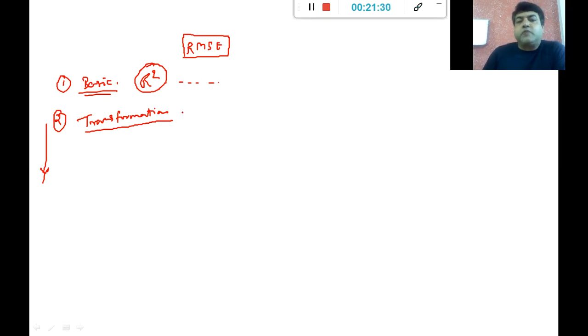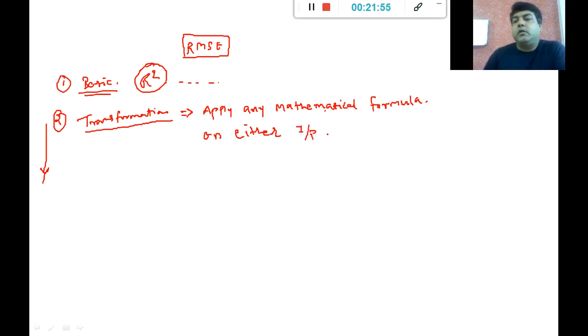But what is transformation? Transformation is nothing but applying any mathematical formula on either the input variable, or only the output variable, or both the variables.